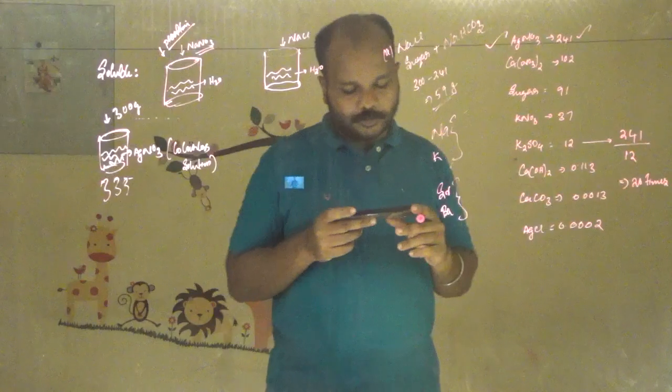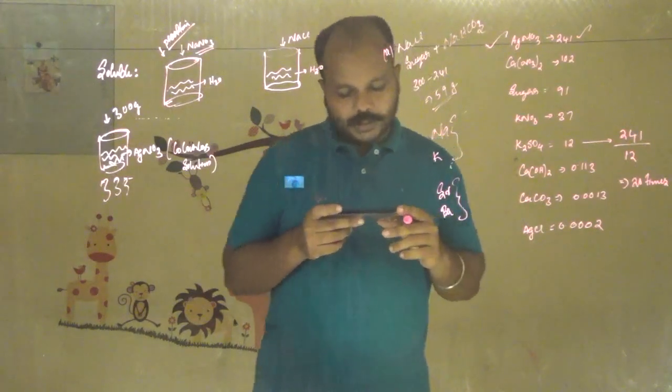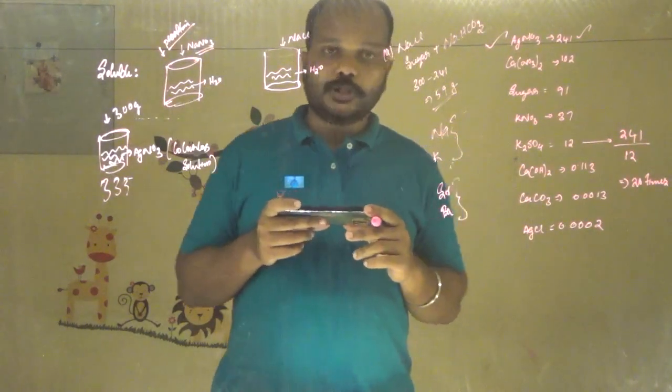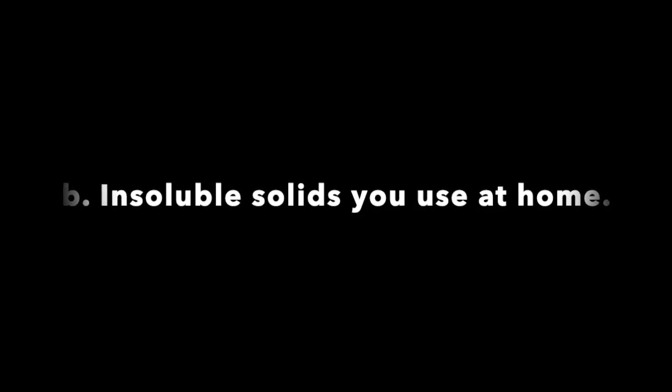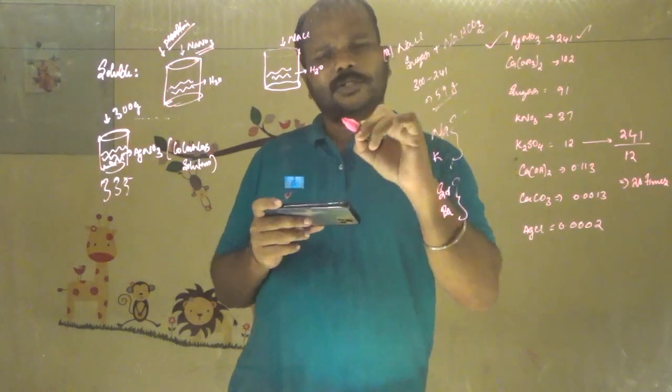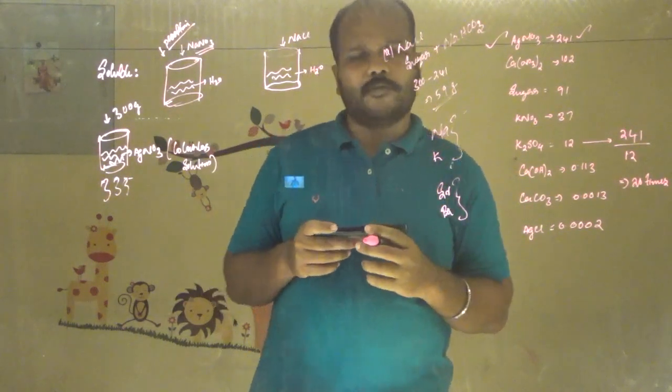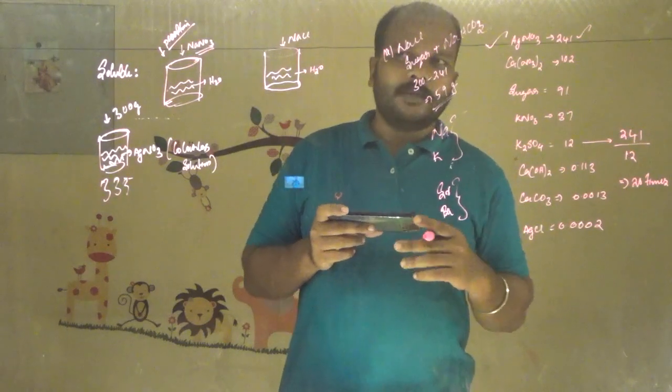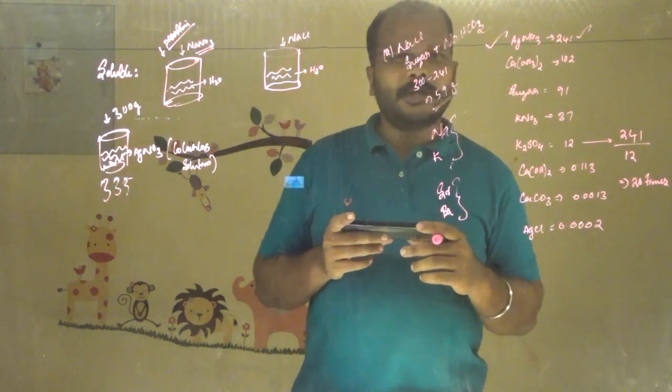Okay, so these are some of the common salts. And insoluble salts you use at home: commonly, what are the insoluble salts? See this, the one which he uses for killing the cockroach, that is a common example.